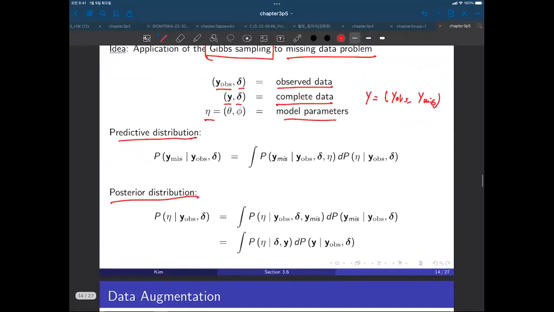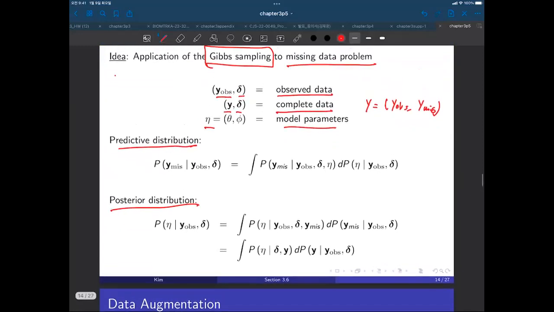We have four components, remember, in the context of missing data: Y observed, delta, Y miss, and eta, right?